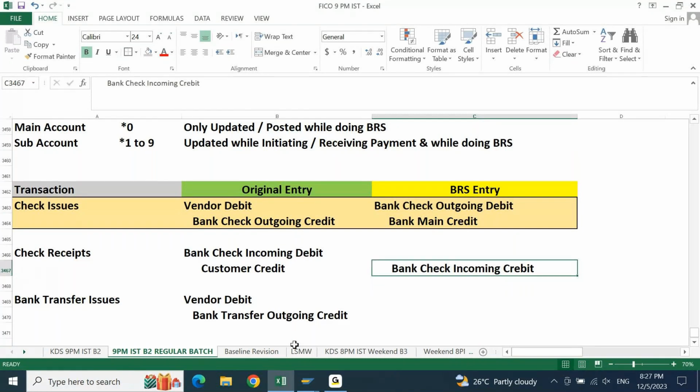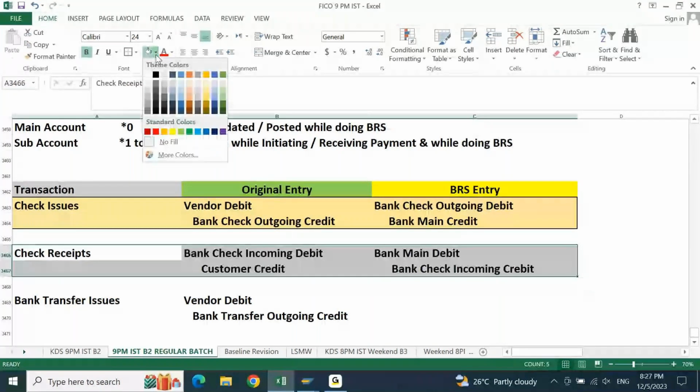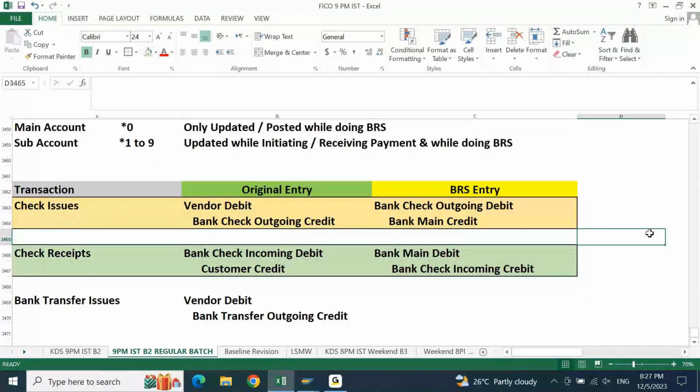What was on the debit side will be replaced by bank main, which I'll put on the debit side. This will be the accounting entry for BRS in case of check receipt. For this, let me put a color and put it in a box. This is another entry in case of check receipt.